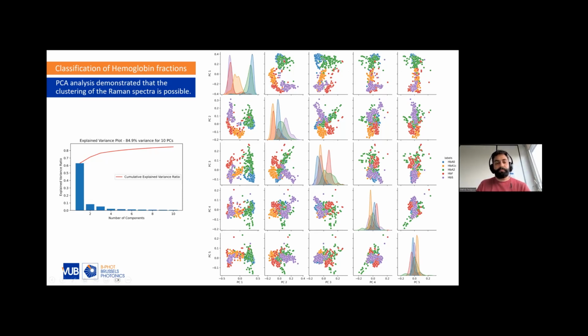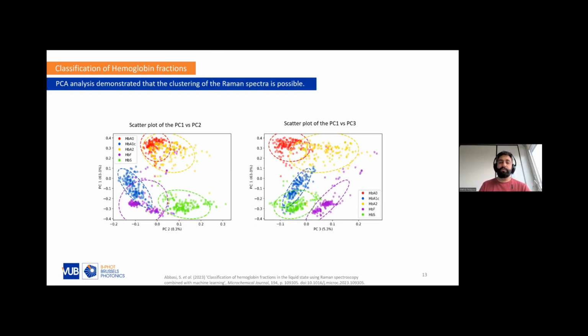Now, if we want to look a bit closer at the clusters, PC1 versus PC2 and PC1 versus PC3, you can see that there are actually some clusters, some groupings between the data, and you can see the labels of the data here. But you see that it's not 100%.